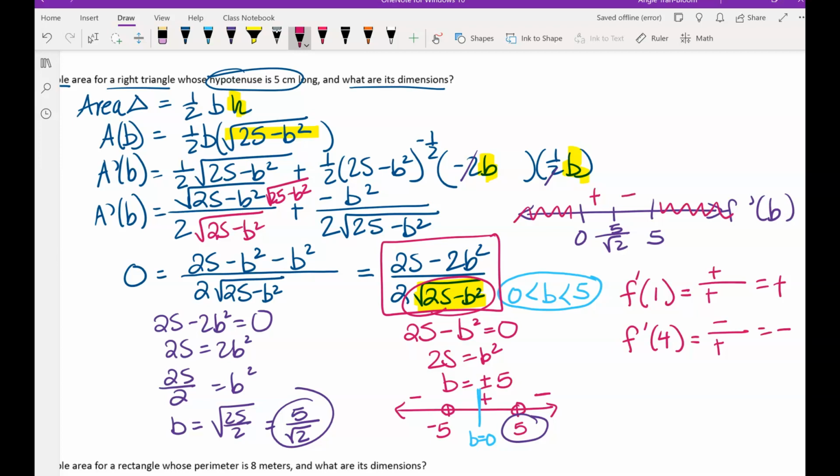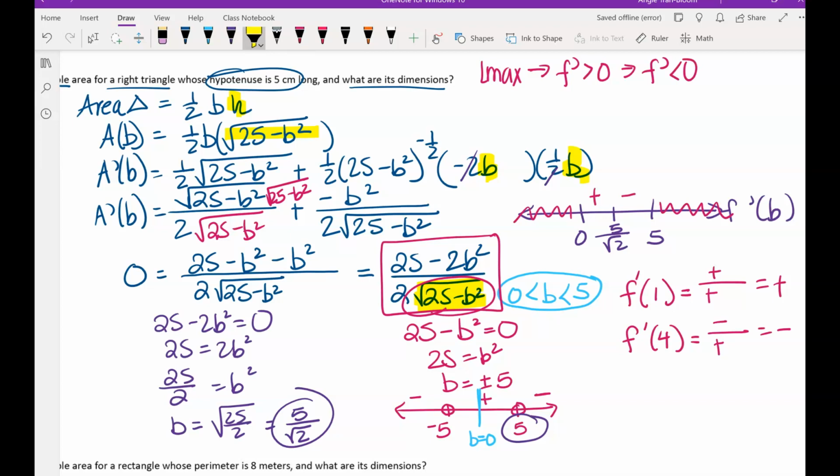Okay, so how do we know? Let's confirm, even though the question already told us that we are going to look for the maximum, to see if our work is correct. Do you guys remember that a max is when the derivative goes from positive to negative?